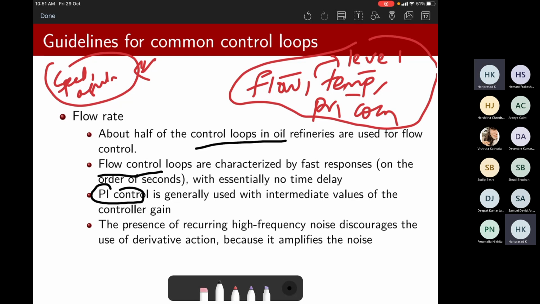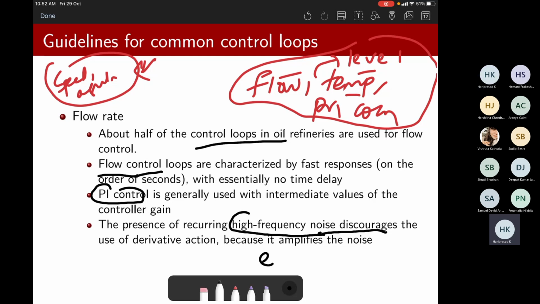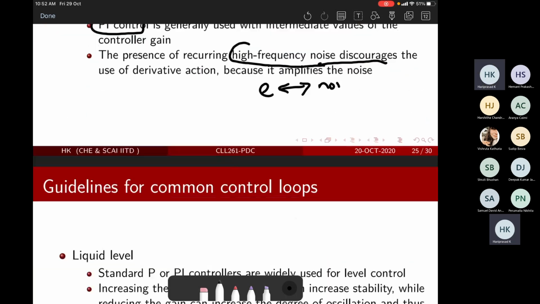Why is there a problem if you use derivative action? If there is an error, it is fine, but sometimes it can be measurement noise. This high frequency noise discourages the use of derivative action, because you may not be able to distinguish between what is error and what is noise. So PI is the most widely used strategy for flow rates.